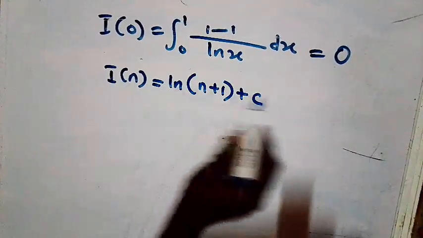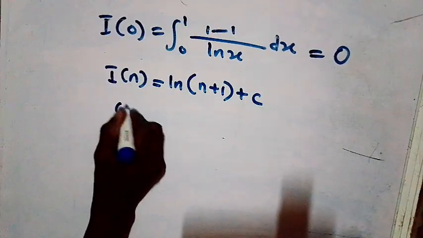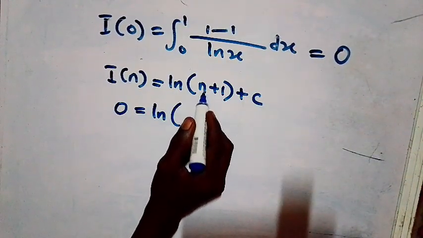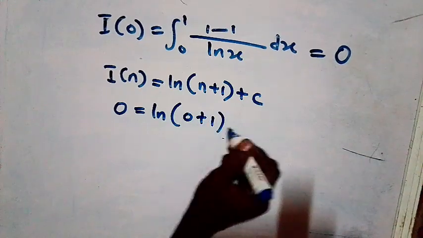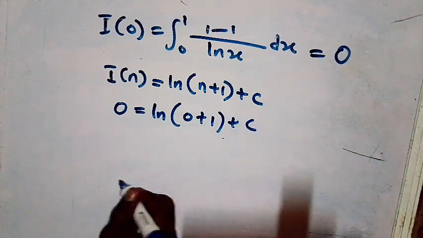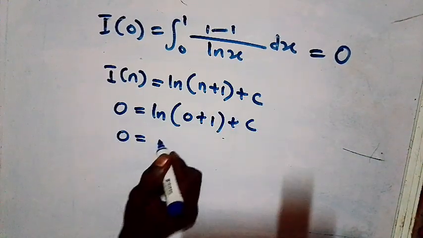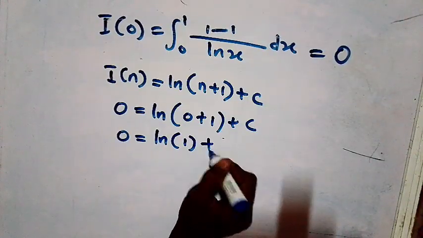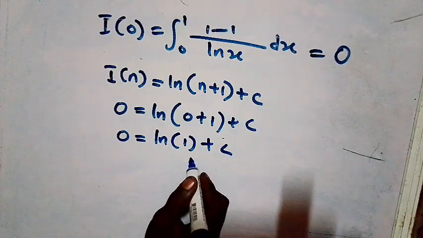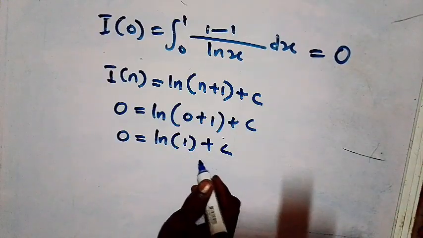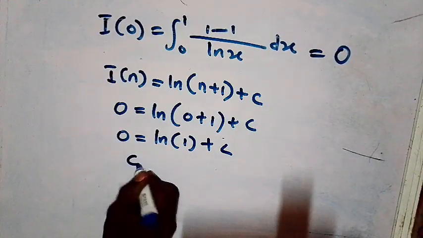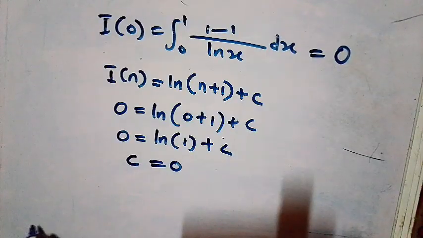We said I(0) is equal to 0. 0 will be equal to the logarithm of 0 plus 1, close the bracket, plus c. 0 will be equal to the logarithm of 1 plus c. And logarithm of 1 is 0. The 0 plus c will give c. Therefore, c equals 0.